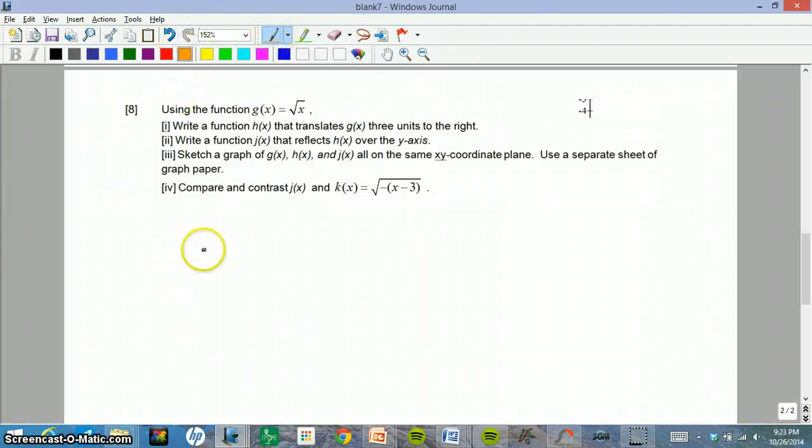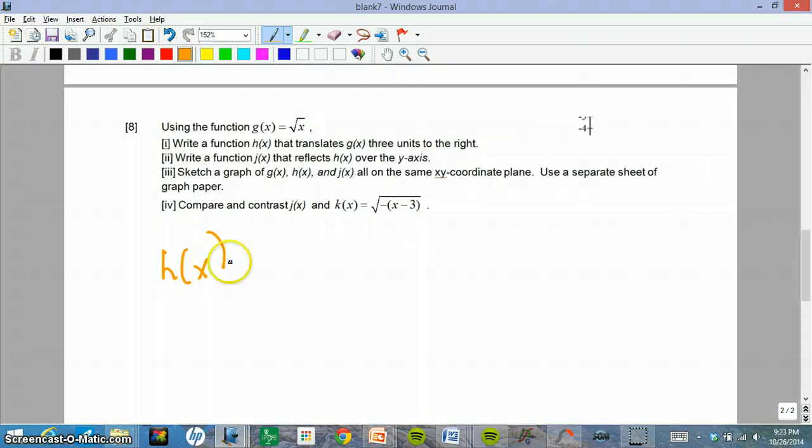So if I'm translating 3 to the right, I'm going to call this function h of x. 3 units to the right. That's a horizontal effect, so I replace x with x - 3, and that's it.